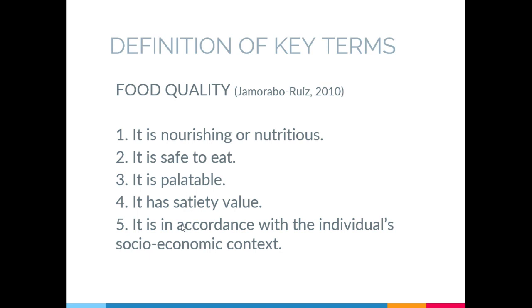Okay. Food quality. So, what is food quality? We have these three characteristics, no, according to Hammurabi Ruiz. This is when we can say that a particular food item is of high quality or is of good quality. First is it must be nourishing or nutritious.